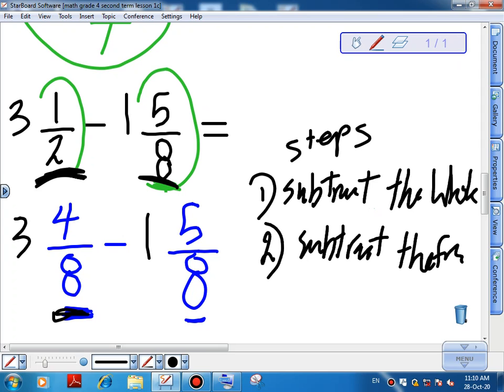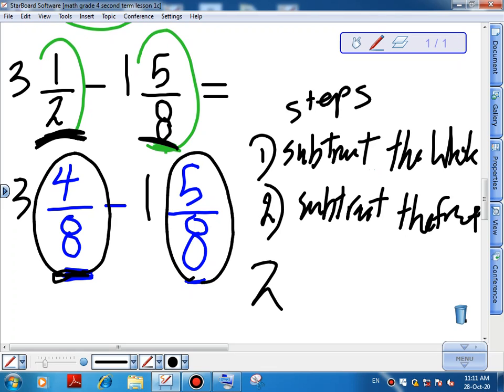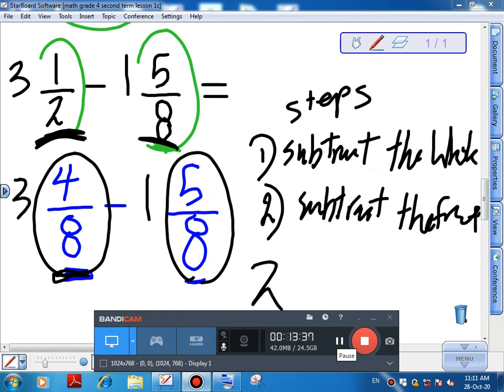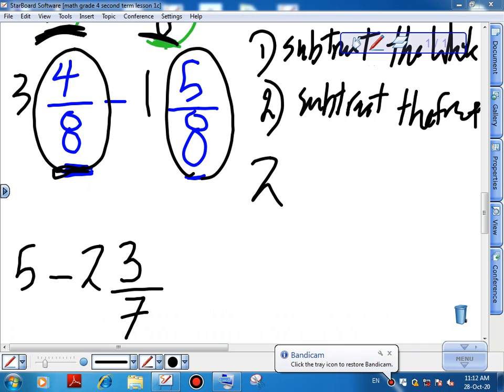Okay, first one, 3 minus 1 equal 2, like this, 2. Then 4/8 minus 5/8. 4 minus 5.